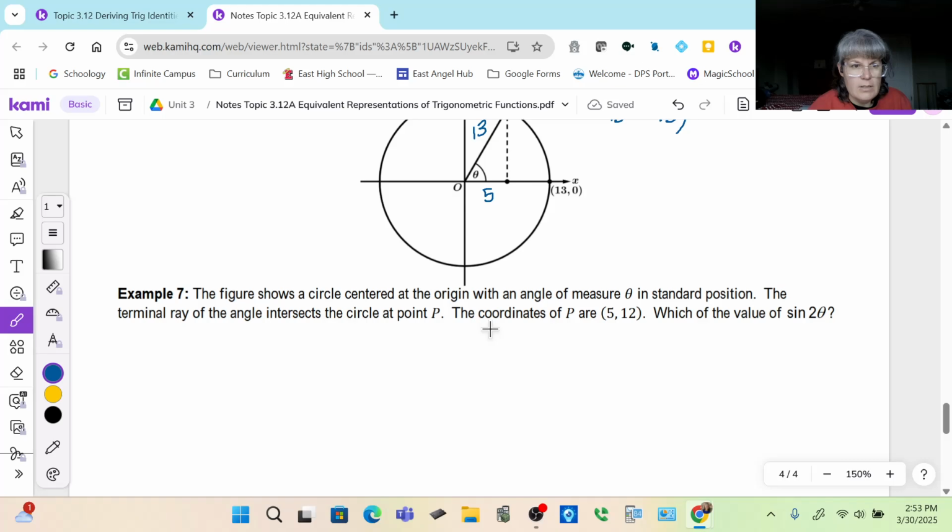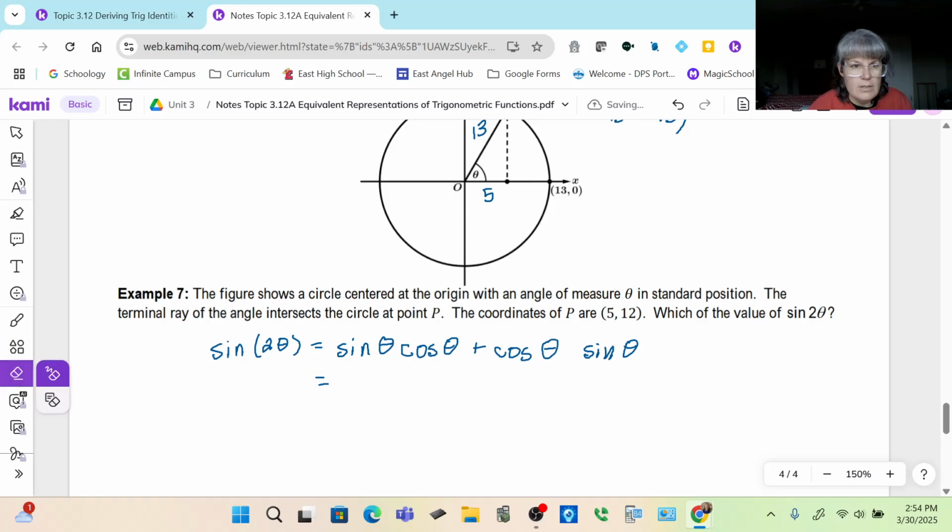So when we find the value of sine 2 theta, we know that the double angle for sine of 2 theta is sine of theta cosine of theta plus cosine theta sine of theta, which is just going to simplify to, because these are the same, I shouldn't have a plus sign there.